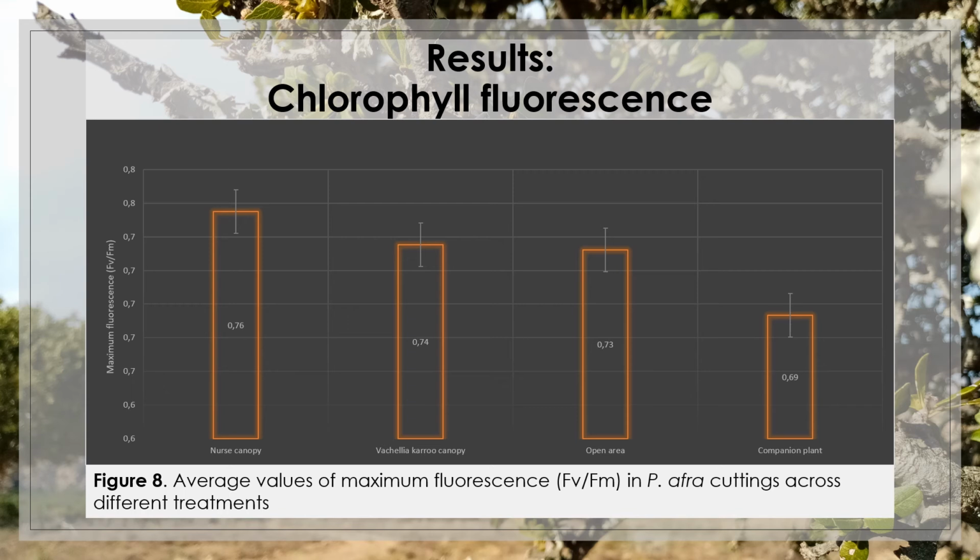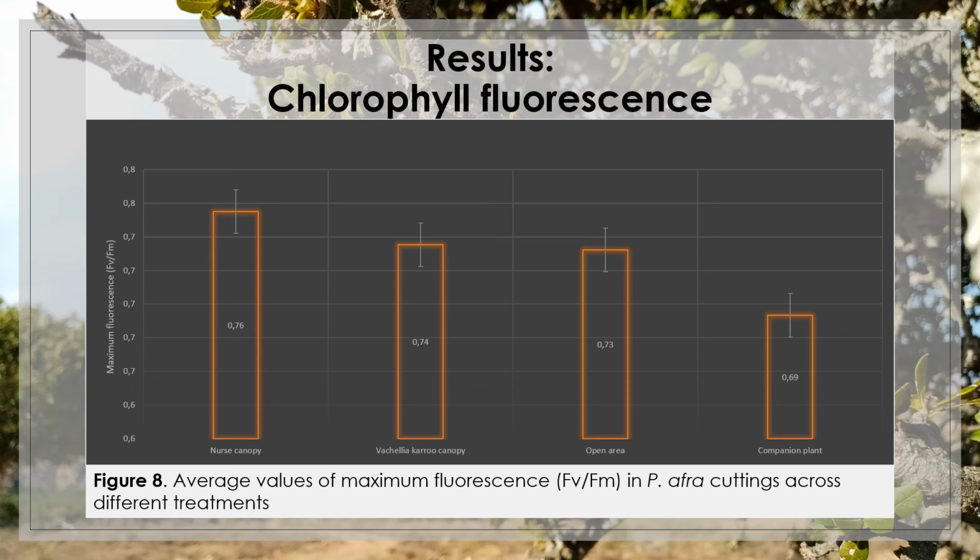The spekboom cuttings underneath the nurse canopy enjoy much needed protection from the elements and herbivory, as well as protection from photoinhibitory damage, while also benefiting from the ameliorated microclimate underneath the canopy.